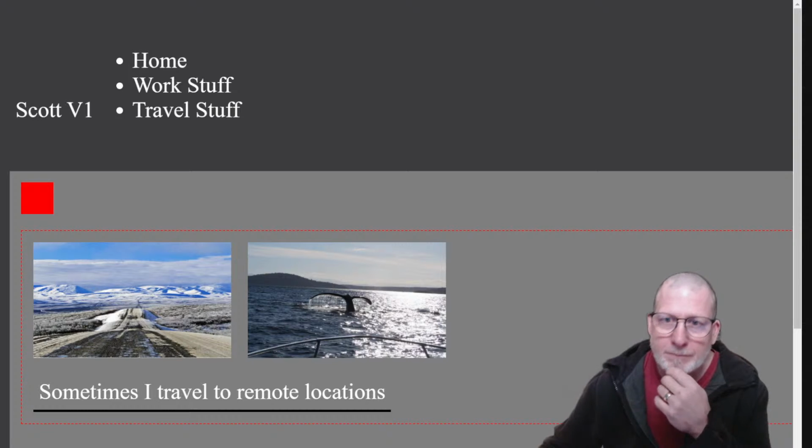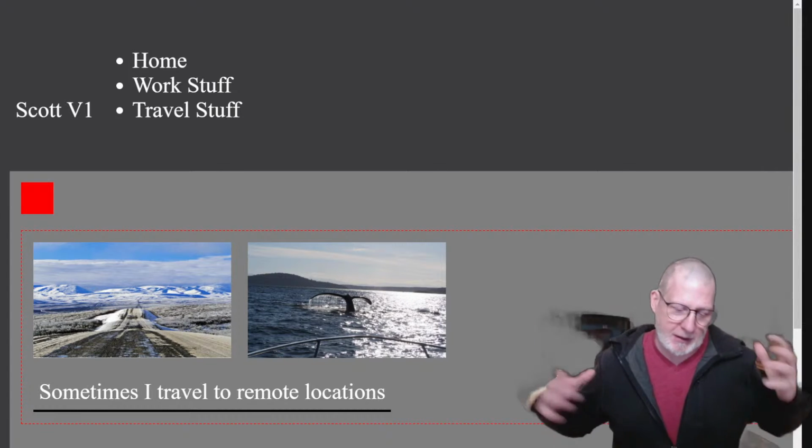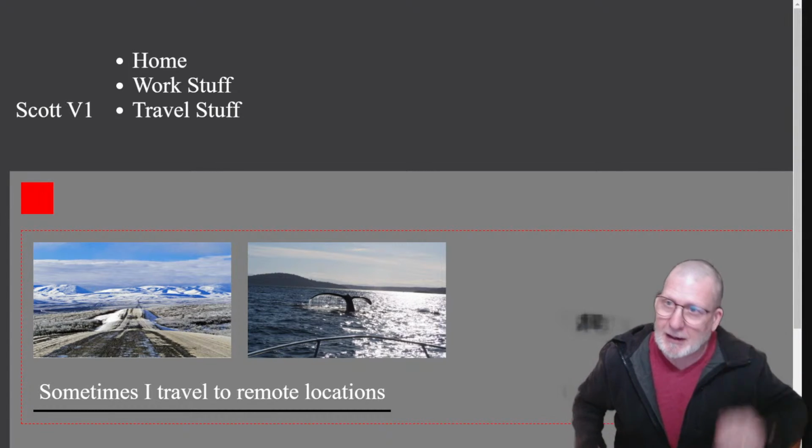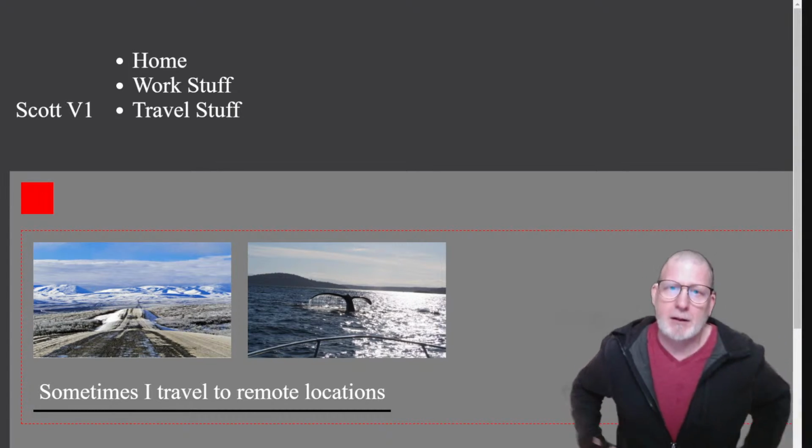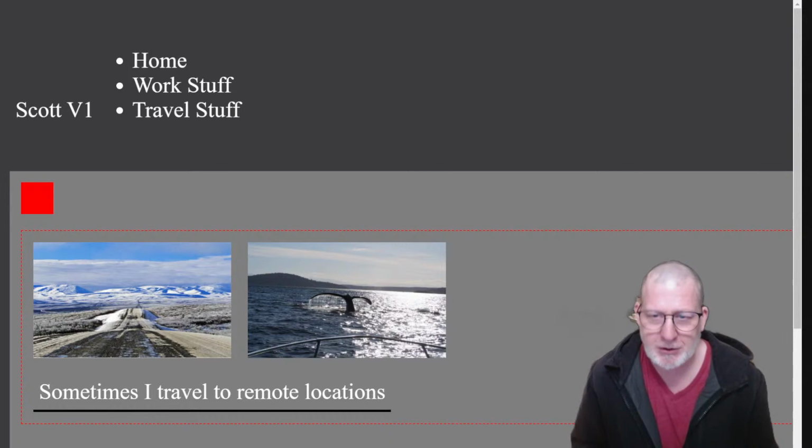The border goes some pixels away, so it's got a little bit of spacing around the image, right? Yeah, exactly. This part of the image is a specific size. If you right click on that and show me the inspect.